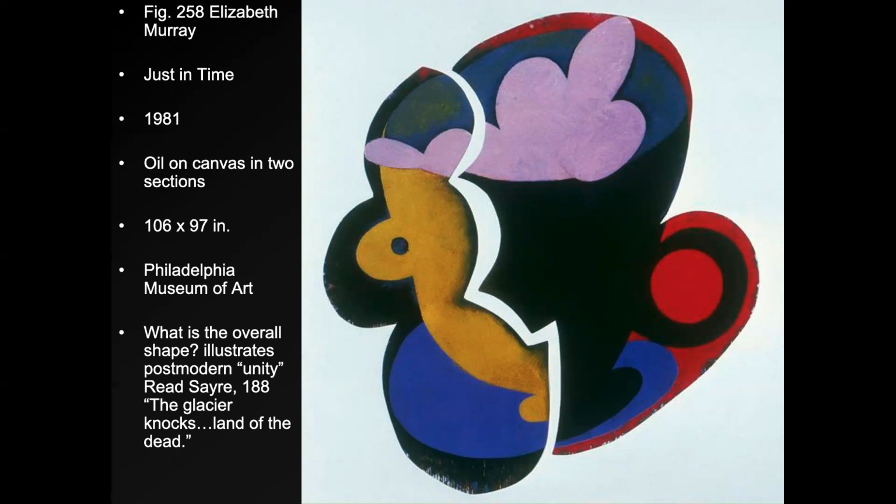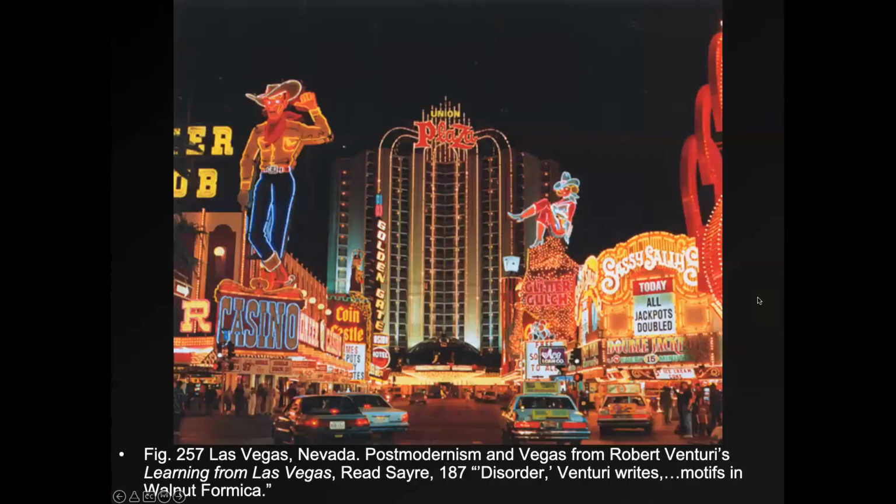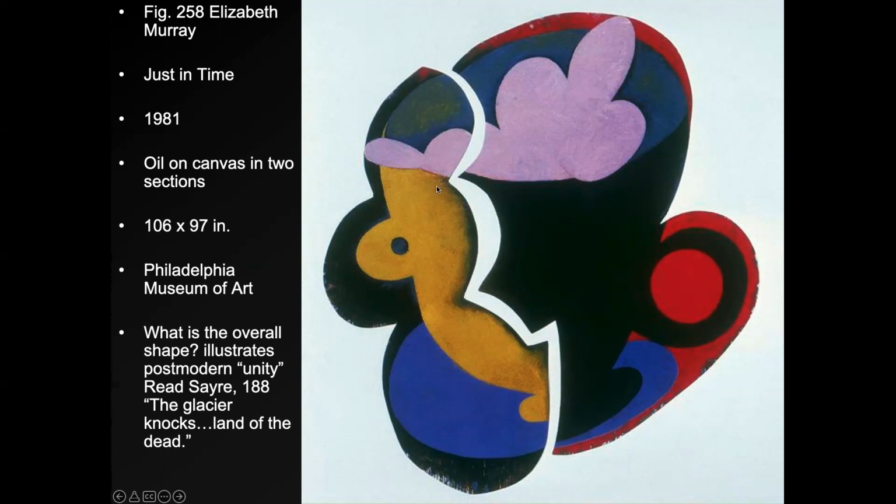So the overall shape, the unity of it, exists as two things at once, a bunny and a cup. In a way, it illustrates postmodern unity, in a way that for some reason makes sense to us because you kind of understand where it's coming from, maybe. And if you have overlapping images, that in a way would represent a certain kind of unity.